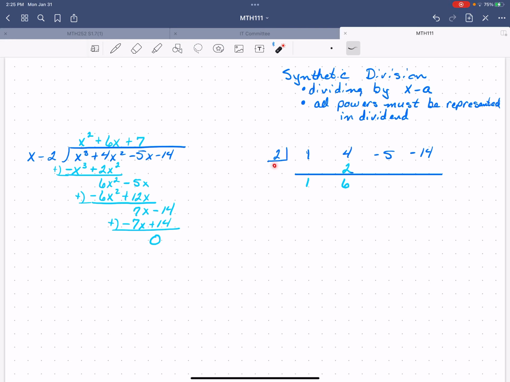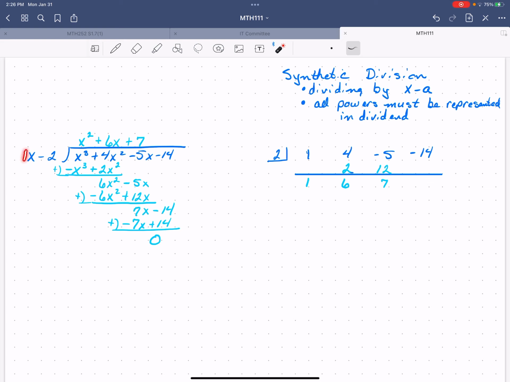So now I take my 2 times my 6, and that gives me 12, and I add, and I get 7. Comparing that to my long division, I brought this negative 5 down. I added to that 12, and where did that 12 come from? Well, that 12 came from this 6 times this 2, and that gave me 7.